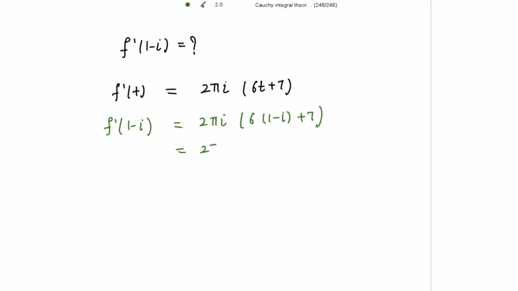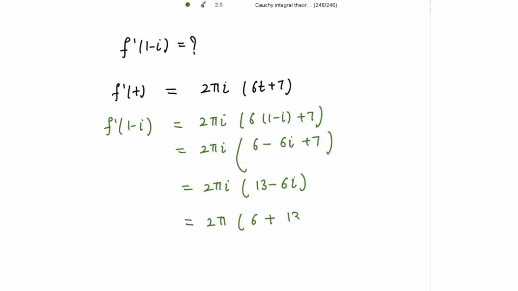So this is equal to 2 pi iota into 6 minus 6 iota plus 7. So that is 2 pi iota into 6 plus 7 is 13 minus 6 iota. Or we can also write this as 2 pi into 6 plus 13 iota. So this is your second part.